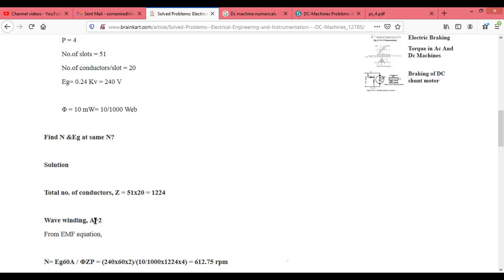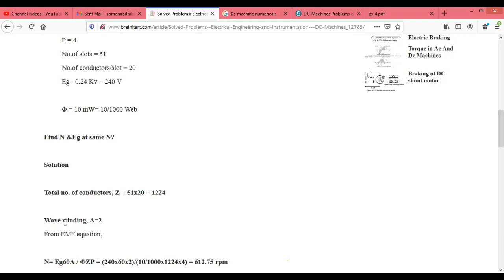The first PDF we just saw, we were using the letter C for the area, cross sectional area. You can use C or you can use A. In the PPT I shared, in the notes I gave, we are using A. So you will be aware about the A, we are taking the A. But if there is a wave winding, at that time you can take A equal to directly 2.